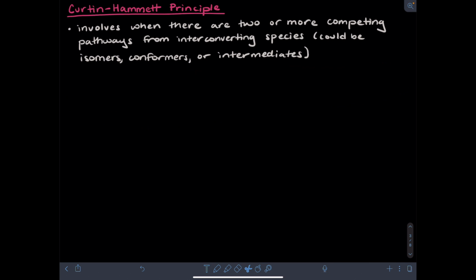The Curtin-Hammett principle occurs when you have competing reaction pathways. These pathways could be occurring from any types of species that could be interconverting, such as isomers, different conformations, or different intermediates.